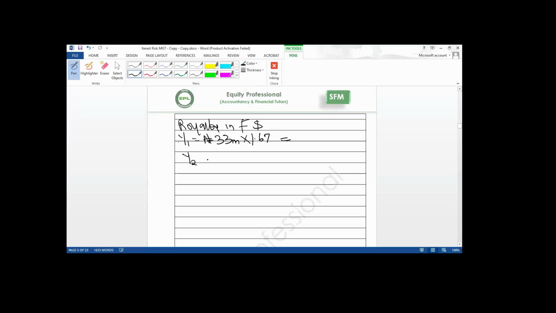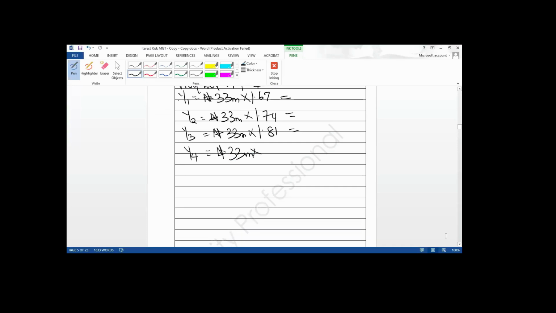Royalty for year 2, 33 million naira multiplied by 1.74, the exchange rate. For year 3, 33 million multiplied by 1.81. For year 4, 33 million multiplied by 1.89. That will give you the dollar amount.